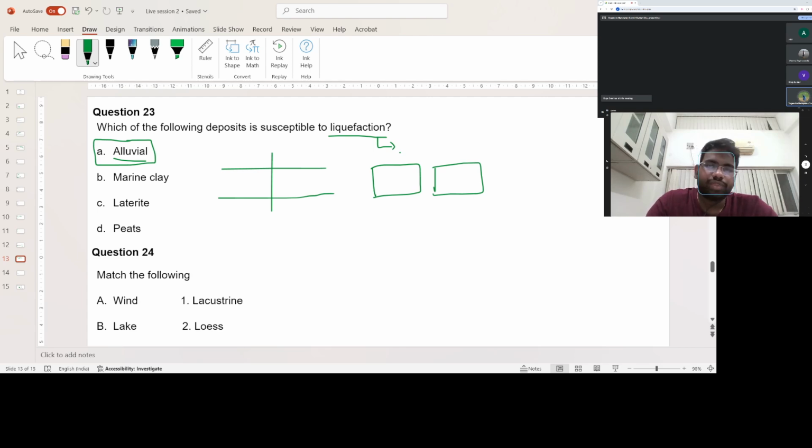It behaves as a liquid. There will be no shear strength. As for the present, that is sufficient. You will learn more as the course progresses. So liquefaction is due to the loss of shear strength of the soil.